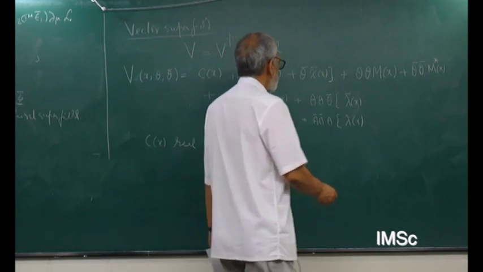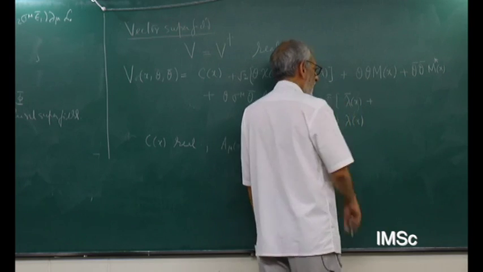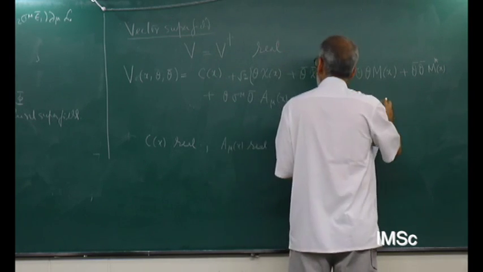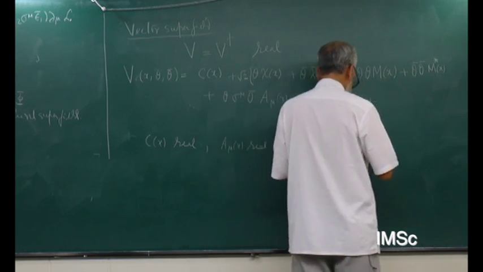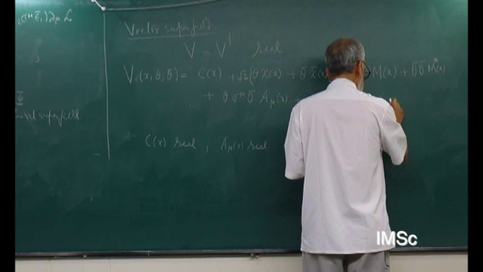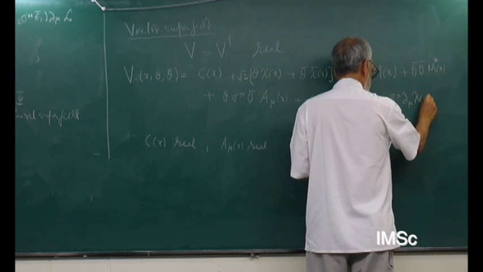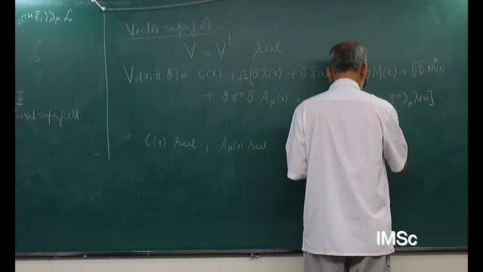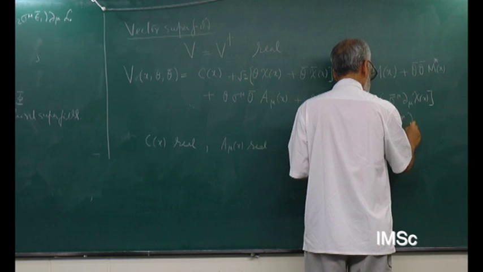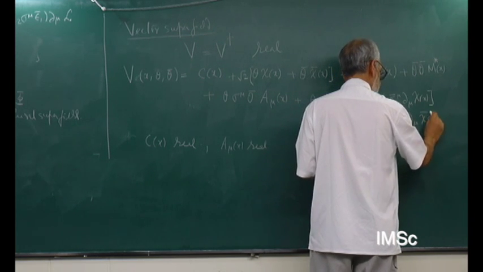I'll do something for convenience, that is, define this term with a new field lambda with some additional piece which is a derivative of this chi. I by root 2 sigma bar mu d mu chi of x plus I by root 2 sigma mu d mu chi bar x.